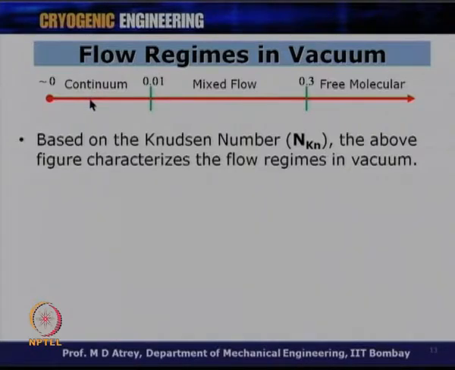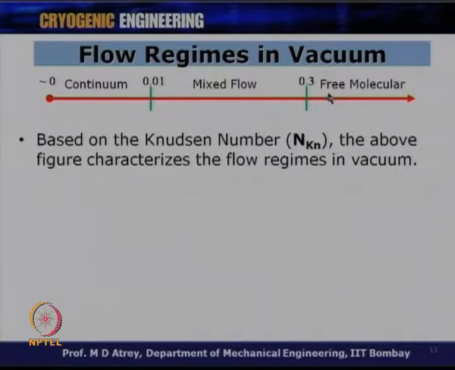But as lambda starts increasing, the Knudsen number starts increasing. So, if I am between 0.01 and 0.3, I have something called mixed flow. My lambda is increasing because the pressure is decreasing, and if my Knudsen number is more than 0.3, that means lambda is 0.3 times the characteristic dimension, I am in something called the free molecular region.